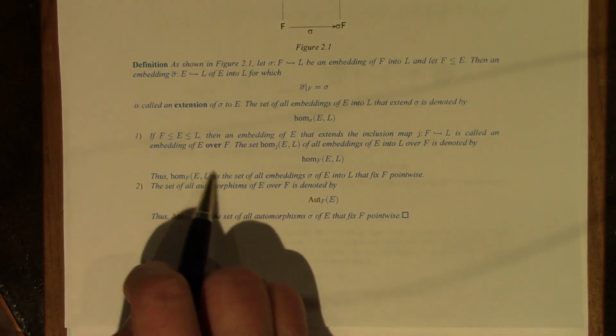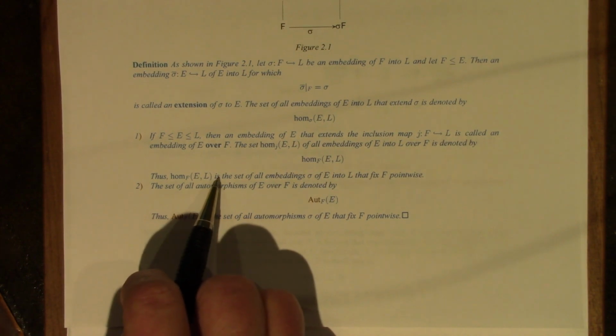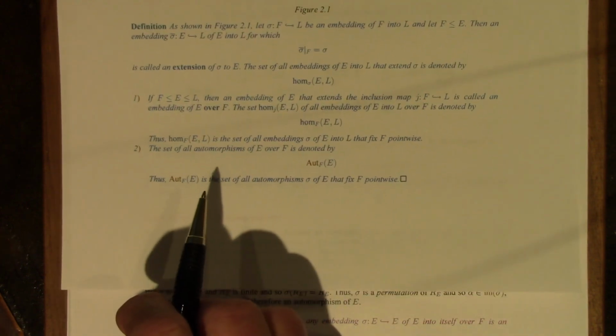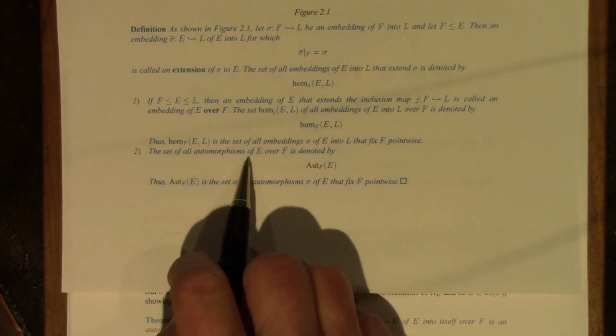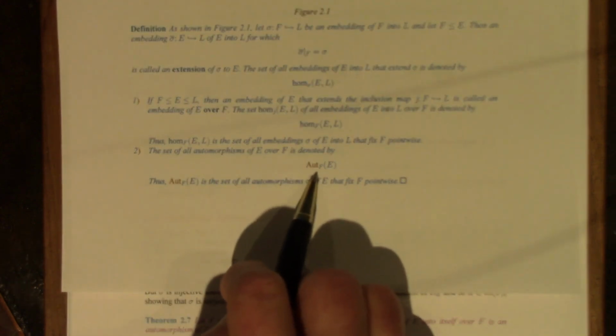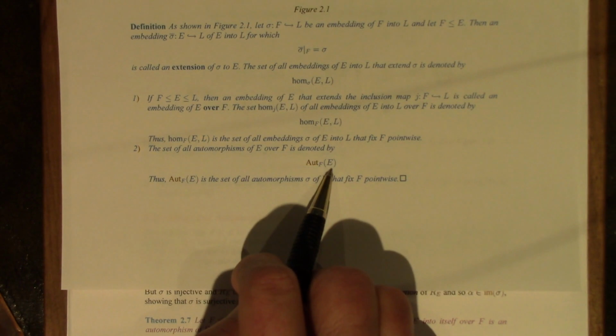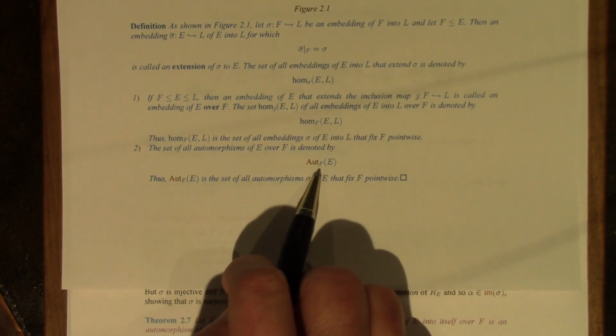This is going to be our major object of study for quite a while. The set of all automorphisms of E over F is denoted this way. So these are the automorphisms of E that fix F pointwise.